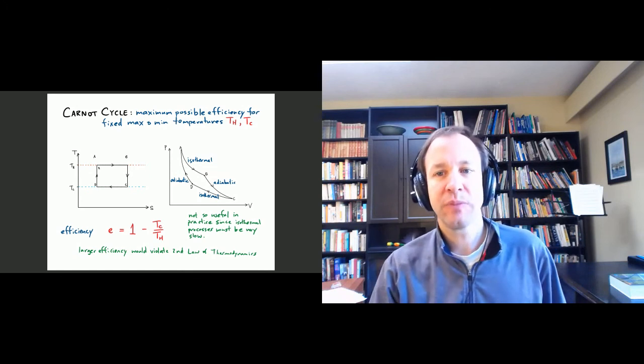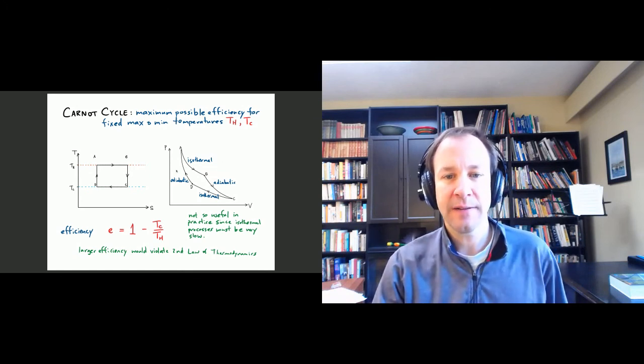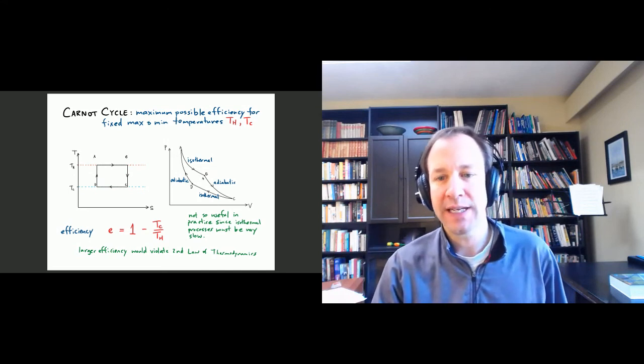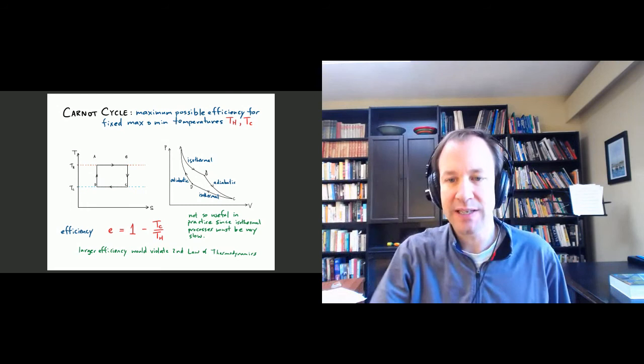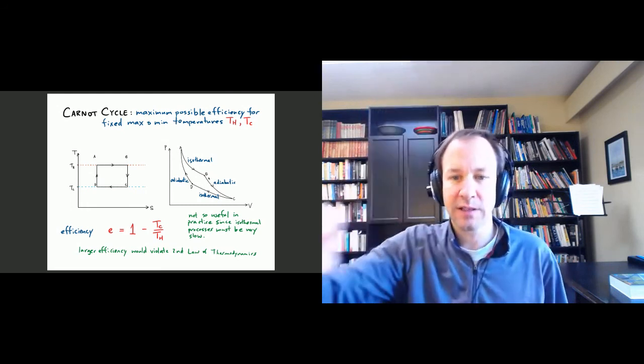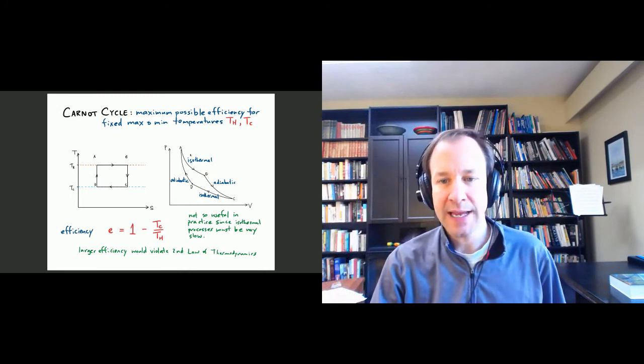If we want to plot that on our PV diagrams, it looks a lot more complicated because remember, isothermal and adiabatic processes are curved, but curved in different ways. The adiabatic processes have a quicker decrease as we increase the volume, and the isothermal processes have a slower decrease. And so putting it all together, we get a diagram like that.